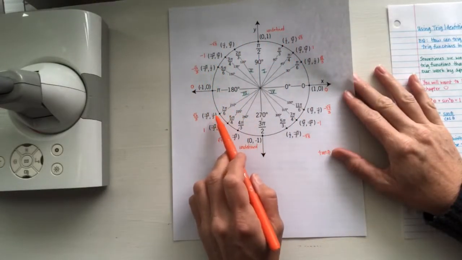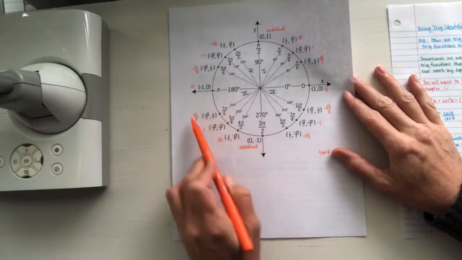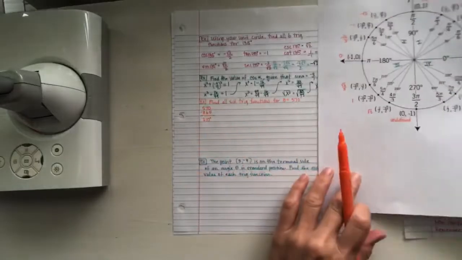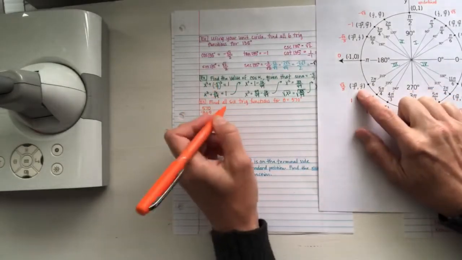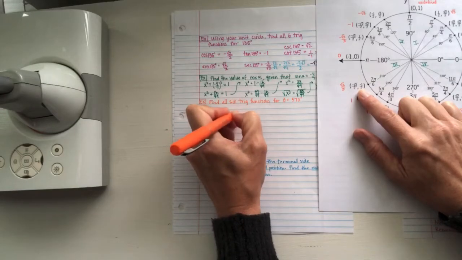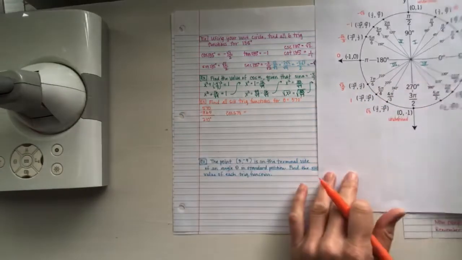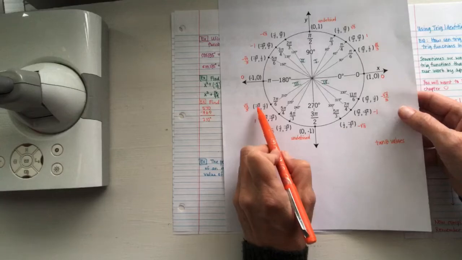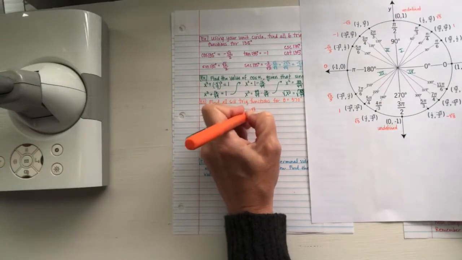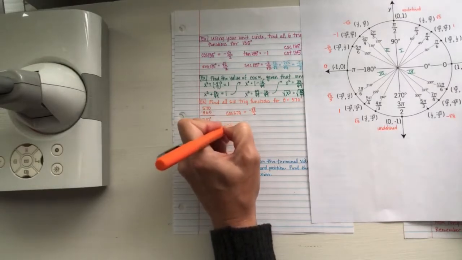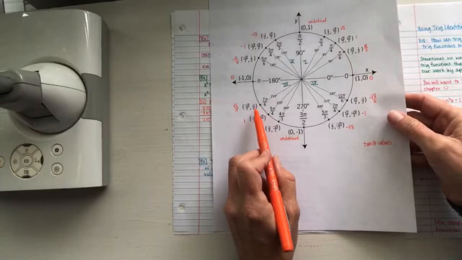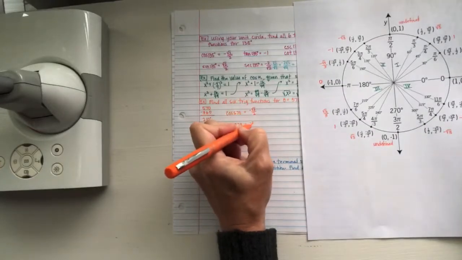So now they're asking me for all 6 trig functions at this angle, right? So we can do that. So we know that cosine of 570 is going to be the x-coordinate, negative rad 3 over 2. And we know that sine of 570 is the y-coordinate, which is negative 1/2.